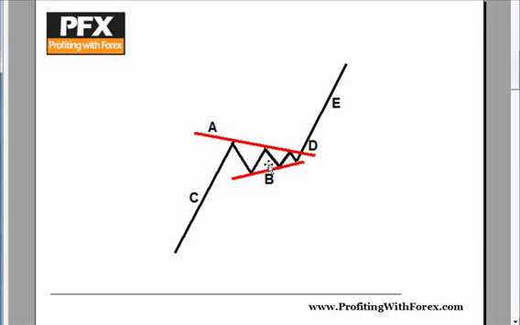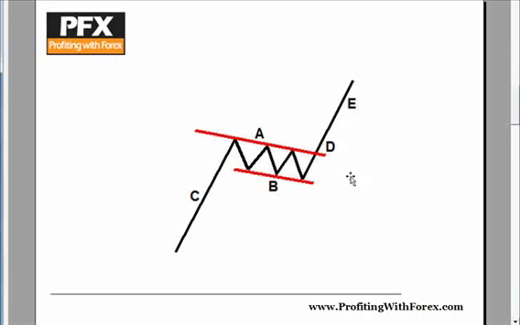Now I want to show you a slight variation on this pattern. The first one we saw was called a pennant. This one is called a flag. And here the support and resistance lines are parallel to each other. And we're going to look at an example of this in the live market as well today. And you see that it bounces back and forth, and all this occurs while the buyers who pushed the currency pair up higher in the first place are catching their breath.